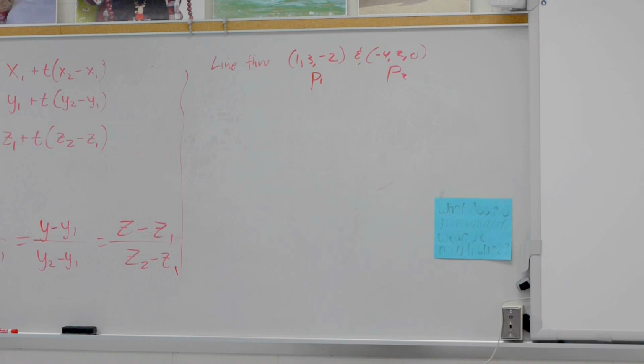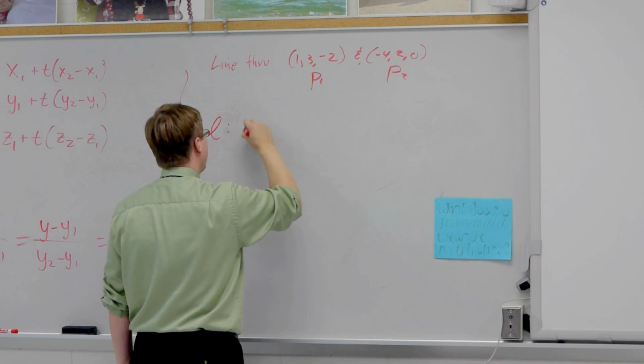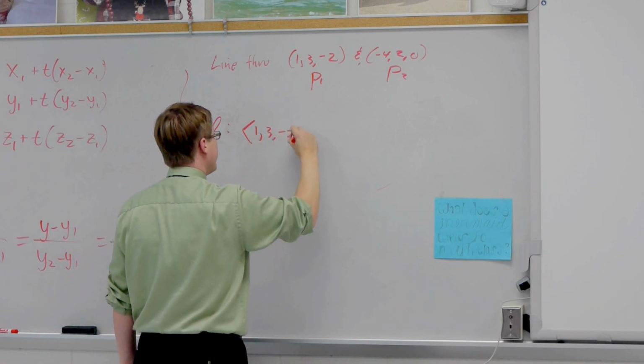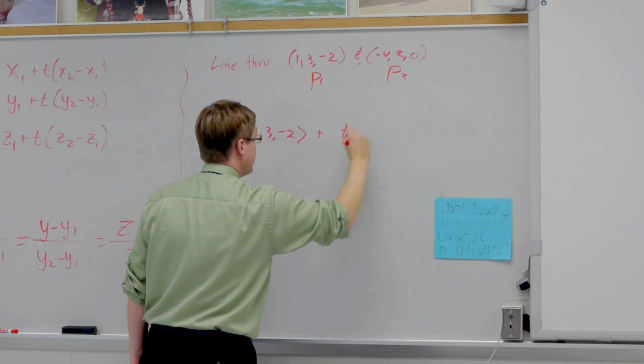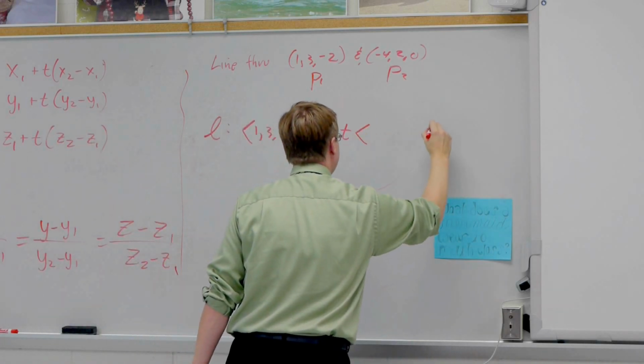So you should picture in your head, here's P1, here's P2, and here's the vector between them. So the line is going to be P1, (1, 3, -2), plus any multiple of that vector.